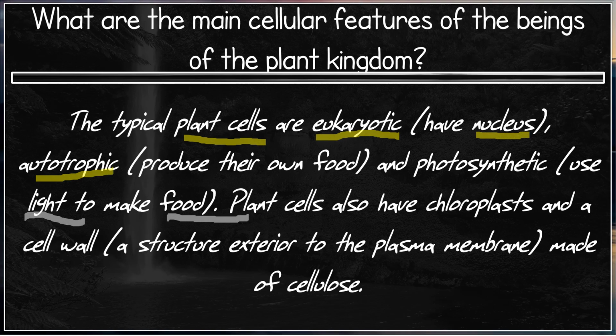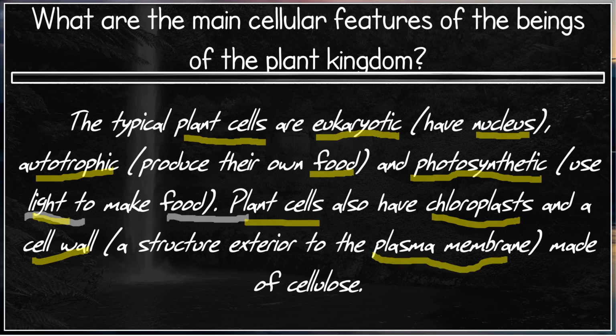Autotrophic, that is, they produce their own food. And photosynthetic, they use light to make food. Plant cells also have chloroplasts and a cell wall, a structure exterior to the plasma membrane, and it is made up of cellulose.